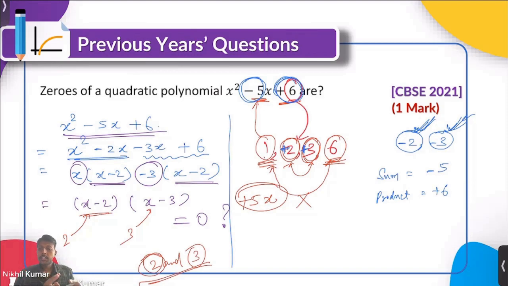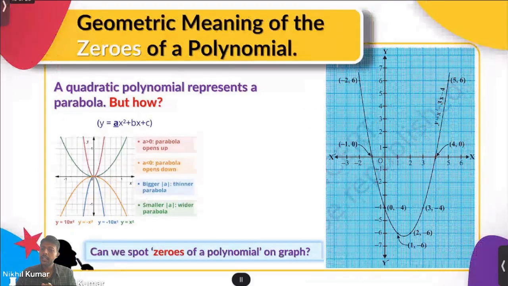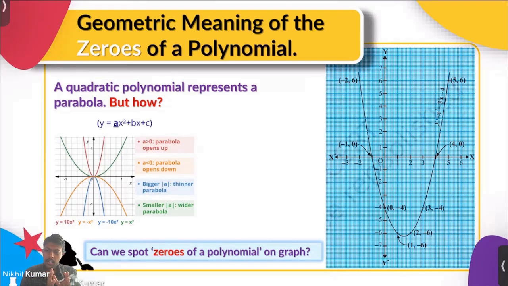Okay. Let's move on to the next section, which is understanding the geometric meaning of zeros of the polynomial. We did do a short discussion on this. What do we mean by zeros of a polynomial if we have a graph? Now here we are going to concentrate on quadratic polynomial.